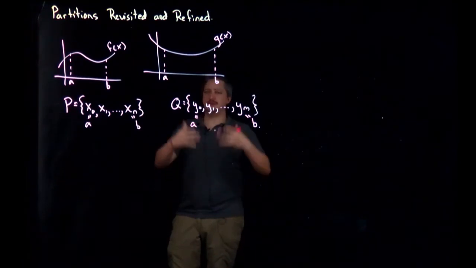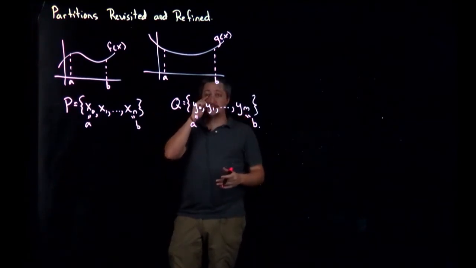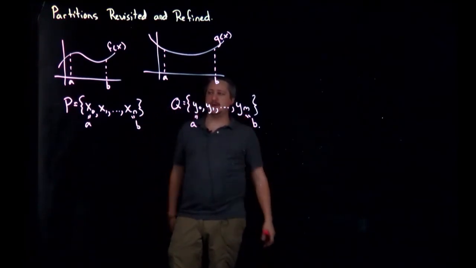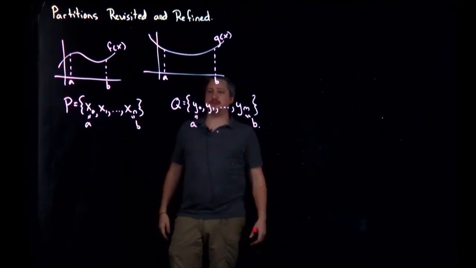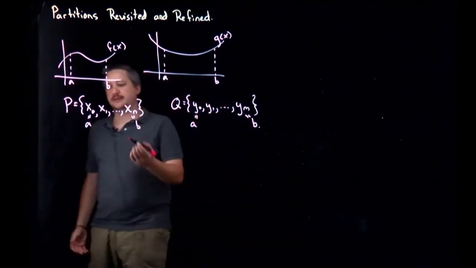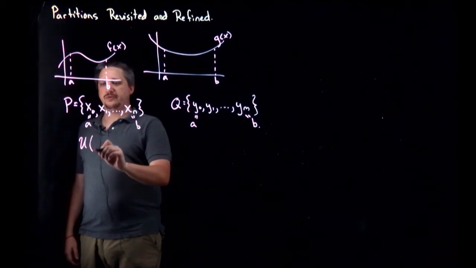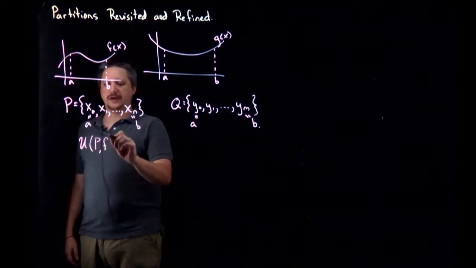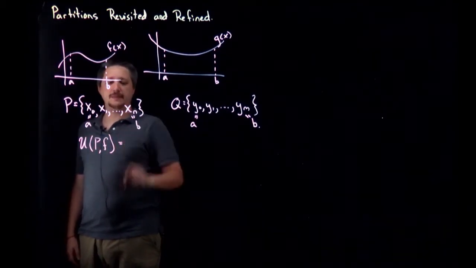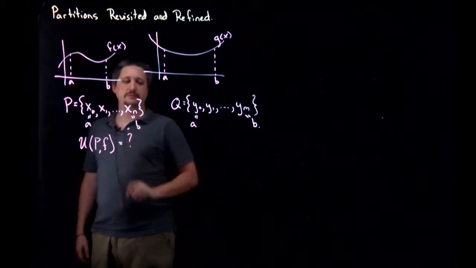And let's say I build these partitions to do something. Maybe I'm calculating some upper and lower sum. So I have the upper sum with respect to p on f, right? And I know that's a thing, equals something.